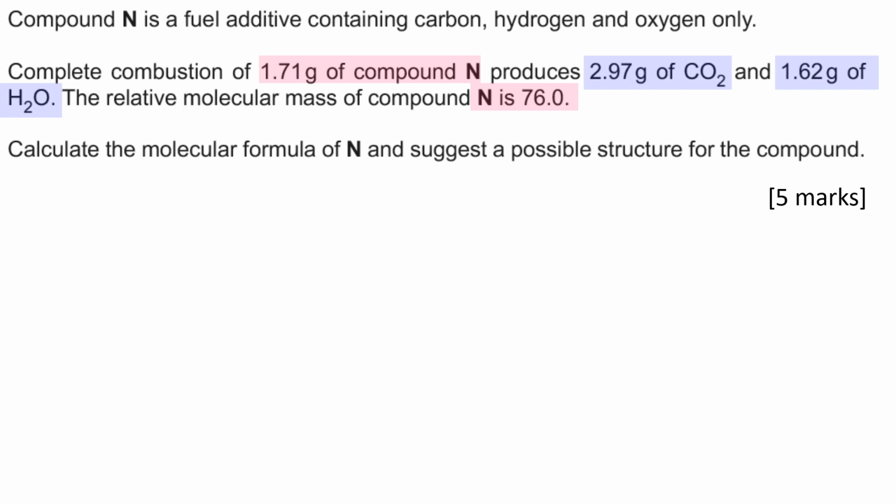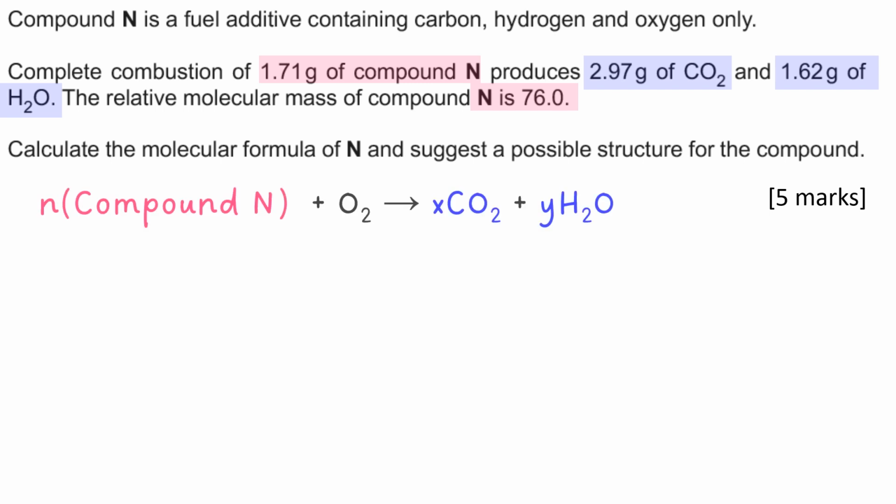So what I suggest with this kind of question, because it's to do with a combustion, is put together the beginnings of an equation. So notice that I've put n, little n, to represent the number of moles of compound N, x to represent the number of moles of CO2, and y to represent the number of moles of water.